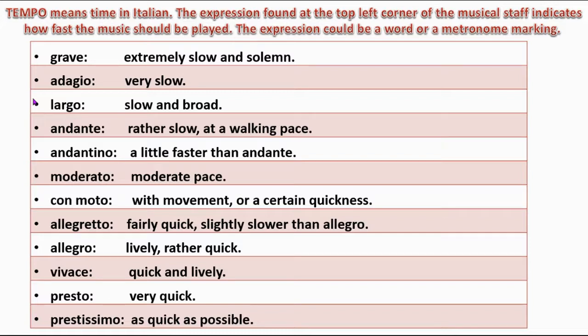Now, let's go through these different words and their pronunciation. I would like you to repeat after me. These pronunciations are not the same as in English because it's Italian.